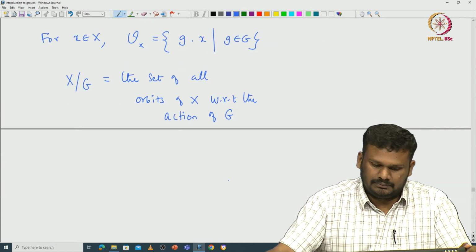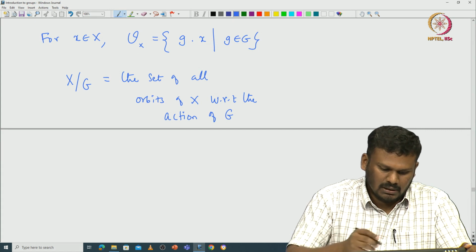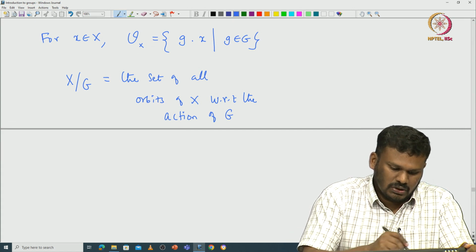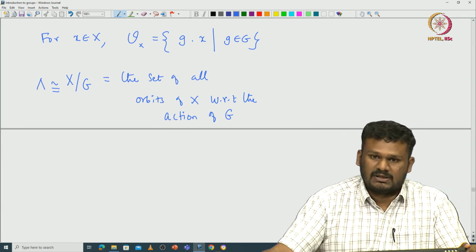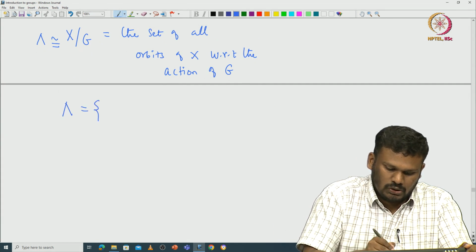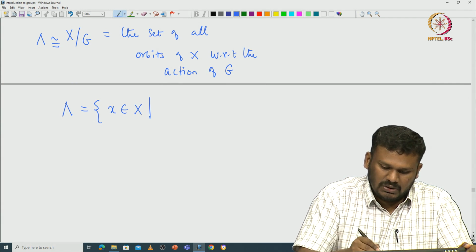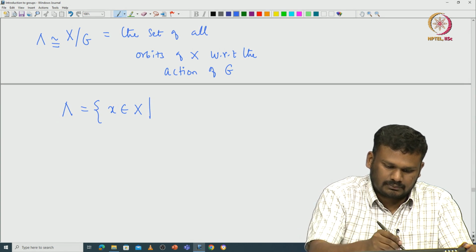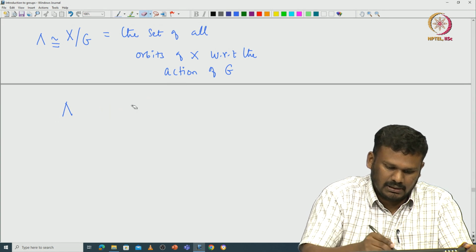So then we have the following decomposition of X with respect to this X mod G. We often identify this indexing set with this X mod G. The indexing set is chosen to be a subset of this capital X. So let's write it again.